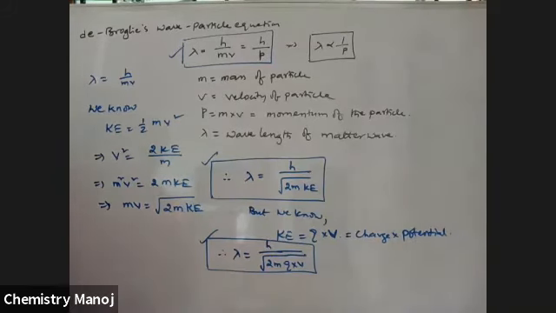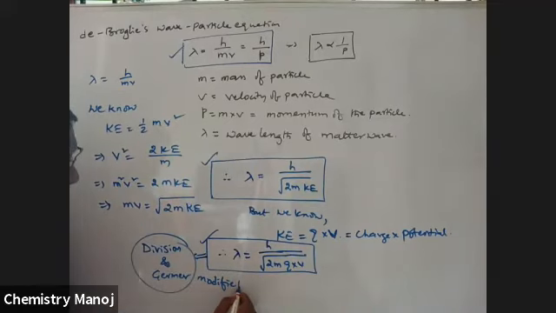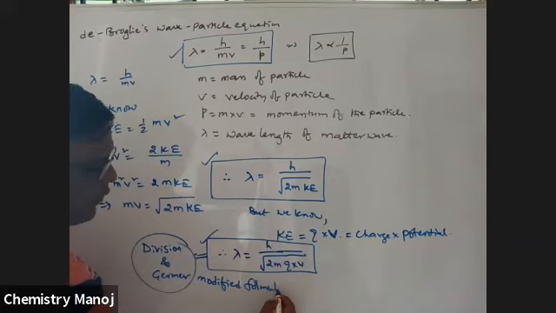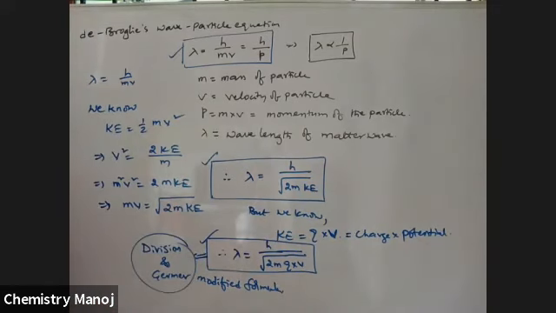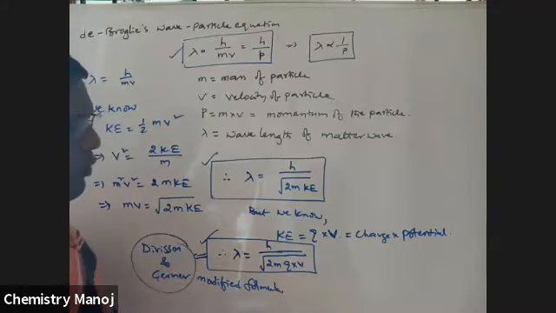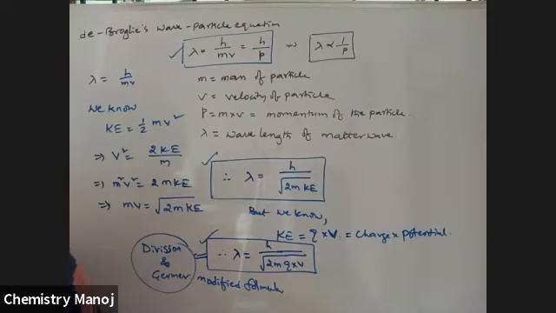This is de Broglie's modified formula in terms of charge and potential difference.